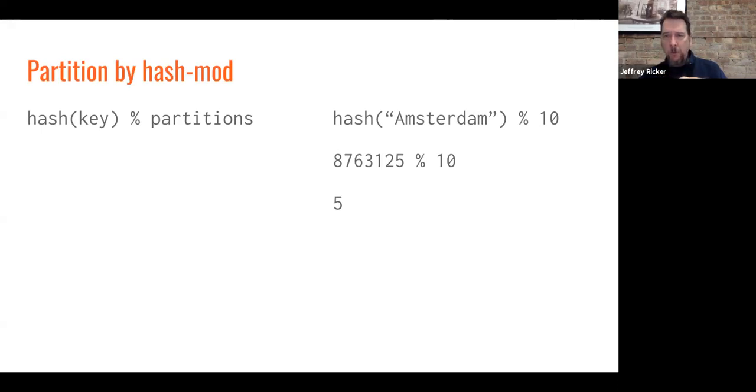The most common way, almost all the time you're going to deal with partitioning, you're going to deal with a partition by hash mod. And what you really want to do is make sure that the objective is that every event with the same key is on the same partition.